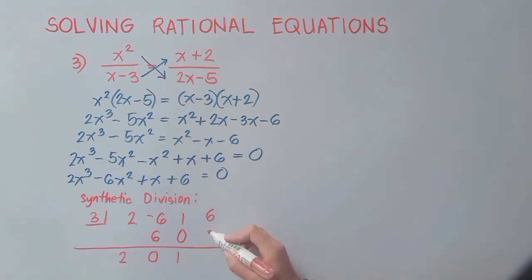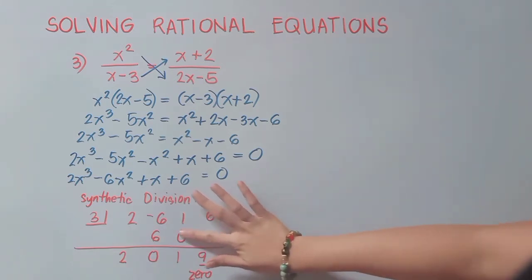Multiply again to 3, write your answer here, add that 1, that is 9. Now our goal here is to make this last answer 0 to get the factor. But since it is not, that means to say we have to repeat the process until such time this last number is equal to 0.